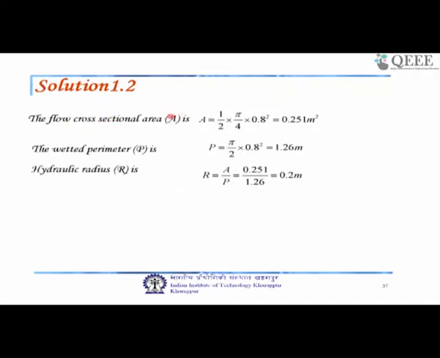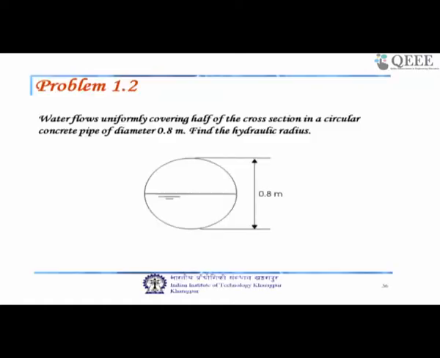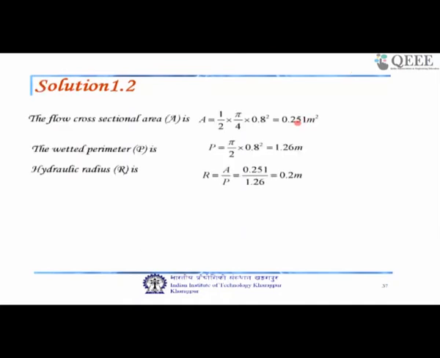In this case, the total cross sectional area will be half of pi by 4 into 0.8 square. 0.8 is the diameter. So this is 0.251 meter square.